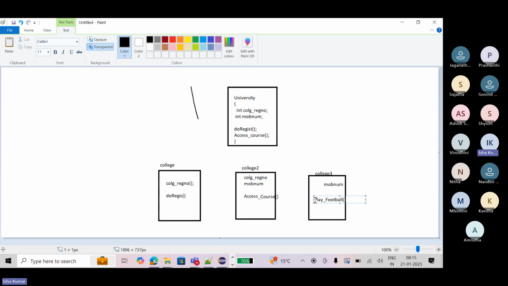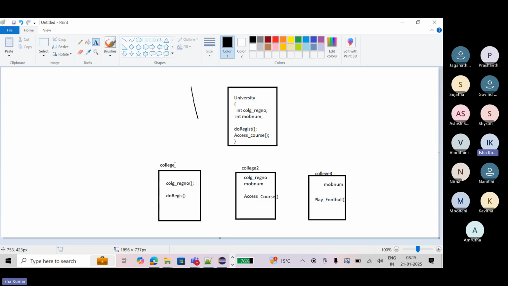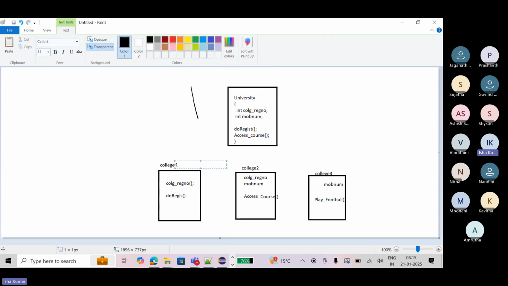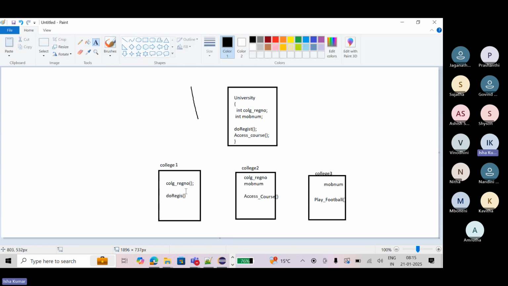Try to understand. This is my existing class, the parent class. This is a father class. From this class, college 1, college 2, college 3 are taking some commonly used behavior and properties. College 1 is taking the college register number. College 2 has not taken any properties, but some common behavior he has acquired.